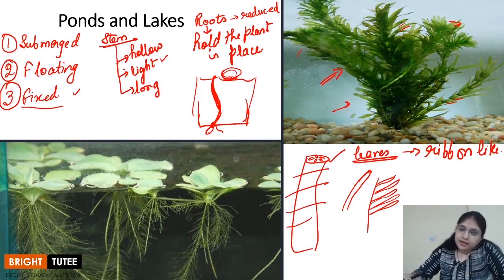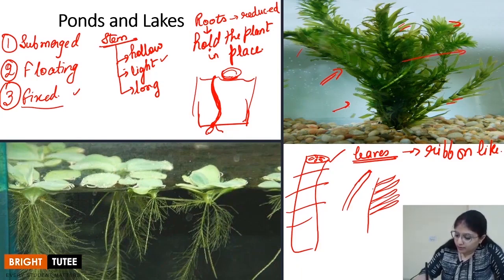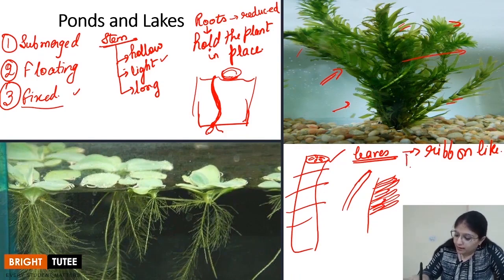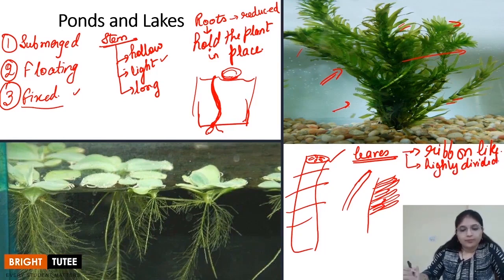Through these highly divided leaves the water can easily flow without harming the body of the plant. So these are ribbon-like and highly divided in this way, right? So like I said, this is a submerged plant.